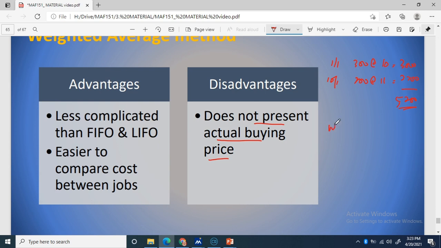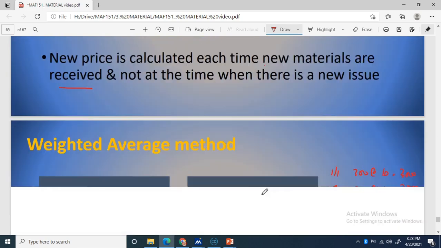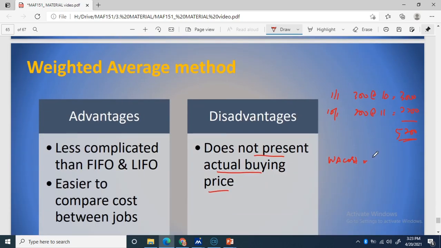The weighted average cost is the total cost divided by the number of units. Total cost is 5200, total units is 500. So how much is your stock valuation now per unit? 5200 divided by 500, you get 10 ringgit and 40 cents.